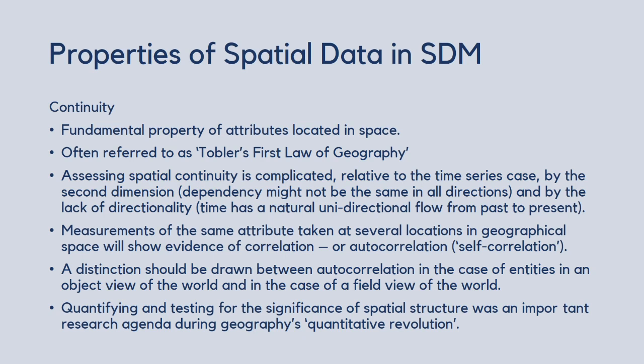A distinction should be drawn between autocorrelation in the case of entities in an object view of the world and in the case of a field view of the world. In the case of distinct entities, it is possible to conceive of complete spatial randomness in their attribute values and indeed negative spatial autocorrelation between adjacent neighbors. Quantifying and testing for the significance of spatial structure was an important research agenda during geography's quantitative revolution.